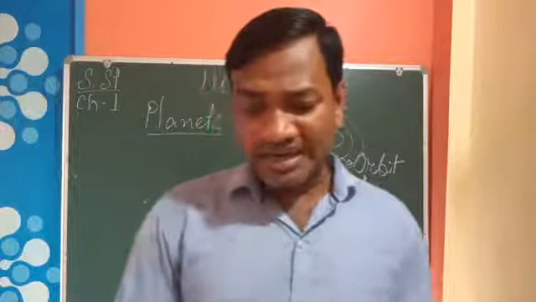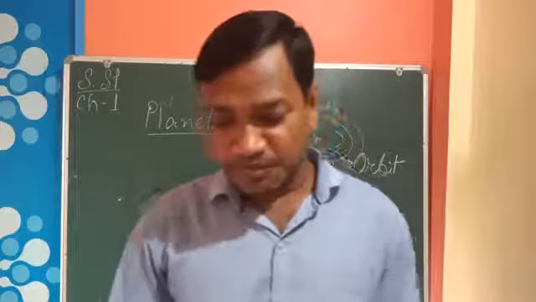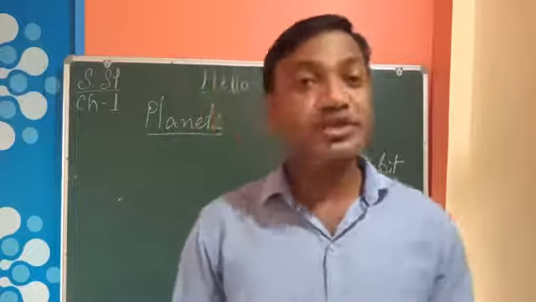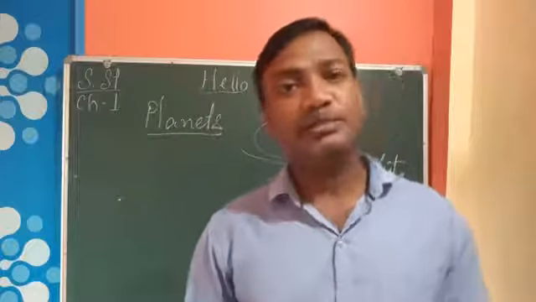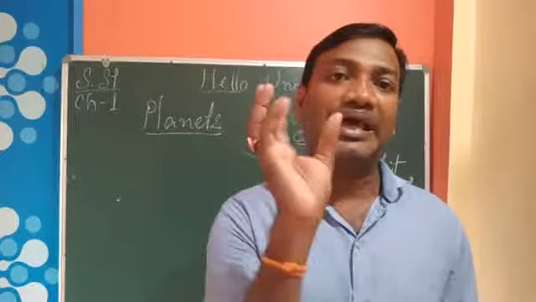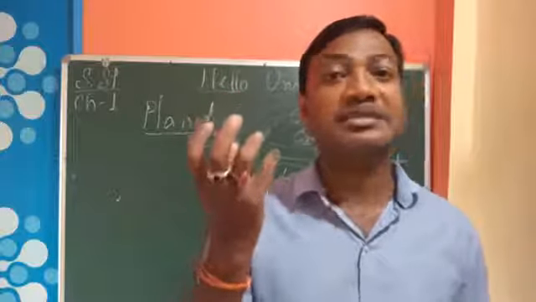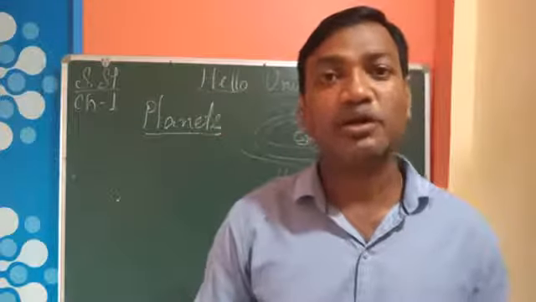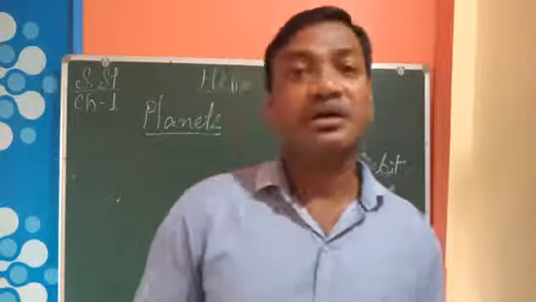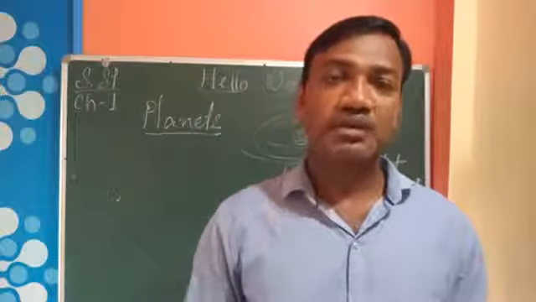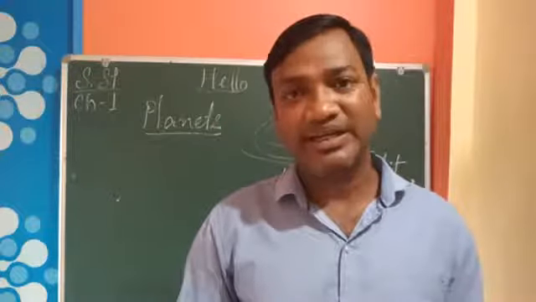So our planet has only one satellite and it is called the moon. And moon is also a heavenly body. Heavenly body means what? It is just hanging. Nothing is there. It is in the space. So that is why they are called heavenly bodies. These stars, moons, planets, these all are heavenly bodies.